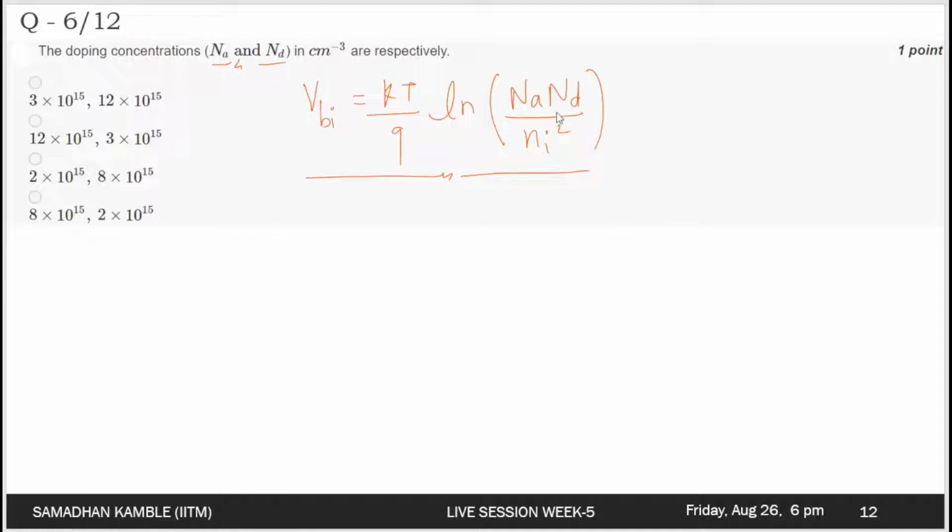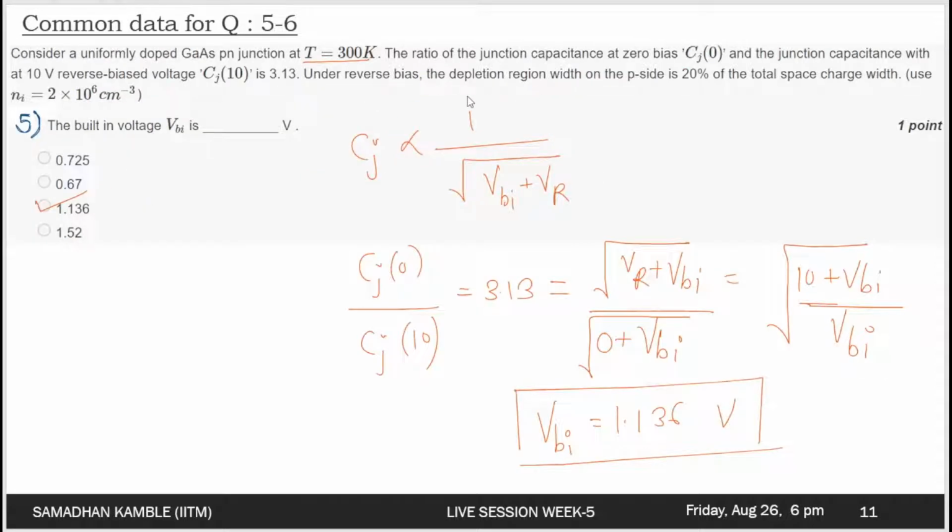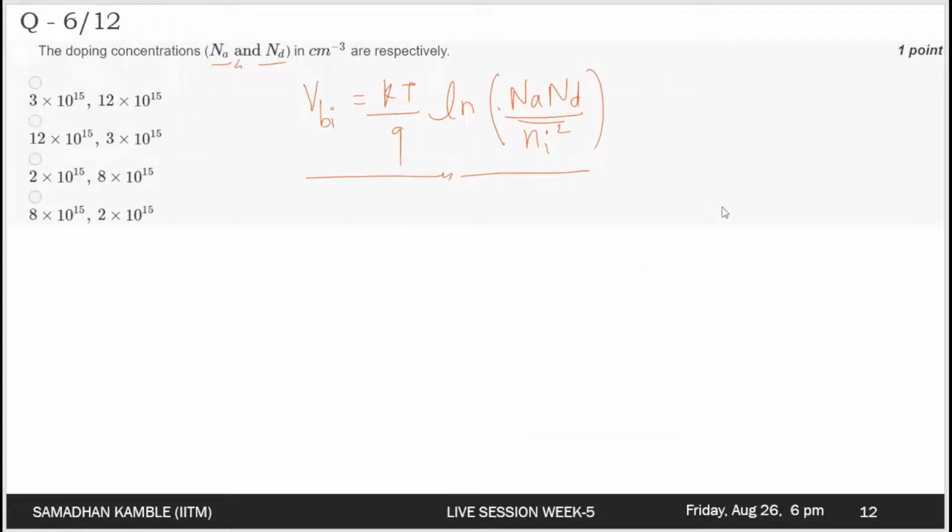So here we can use one piece of information given here, and that is, under the reverse bias condition, the depletion region width on the p side is 20% of the total space charge width. So what they have said is that the xp value, that is depletion width on the p side, is 20% of the total depletion width.